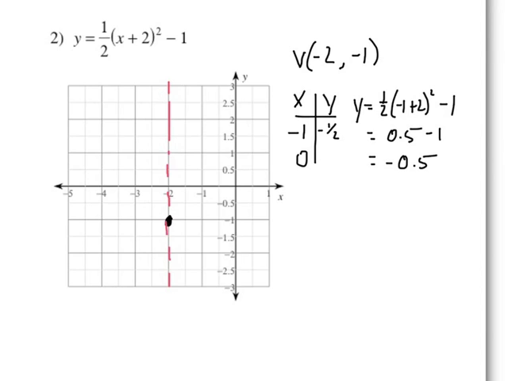Okay. Well, let's find out when x is 0. So y equals 1/2 times (0 plus 2) squared minus 1. 0 plus 2 is 2. 2 squared is 4. 4 times 1/2 is 2. 2 minus 1 is 1.